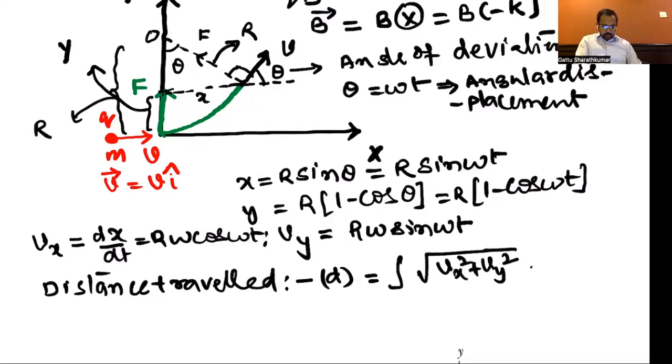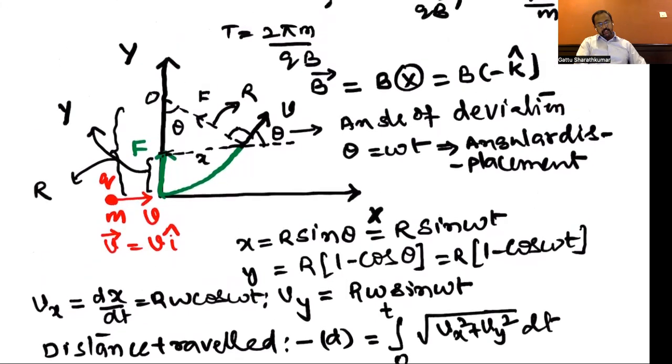Because root of Vx squared plus Vy squared will give me speed. Speed dt will give me a small distance. Integral of that will give me the total distance in time 0 to t. So using this integral from 0 to t of root of Vx squared plus Vy squared dt will give me the distance traveled in a given time t.